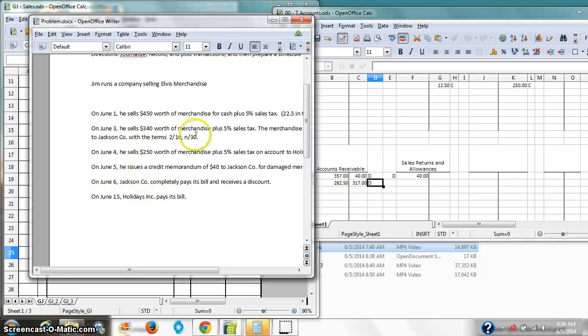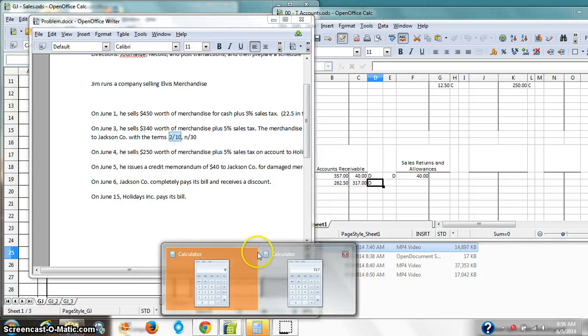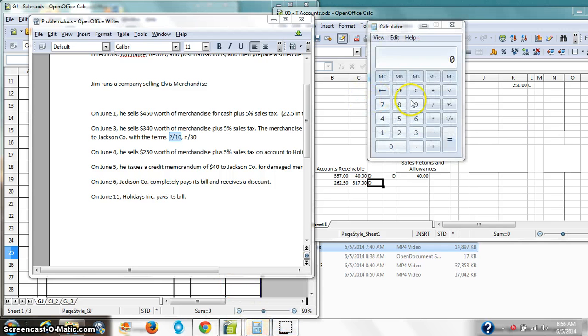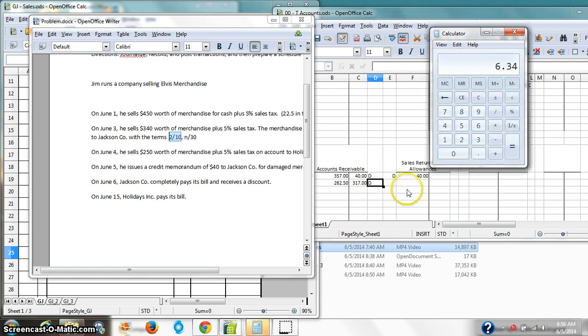However, there's a discount here. If we remember, the terms for Jackson were 2/10, net 30. So this guy's going to get a 2% discount here because he paid in a timely manner. So then we go to my calculator again. 317 times 2%. 317 times 2% is $6.34.